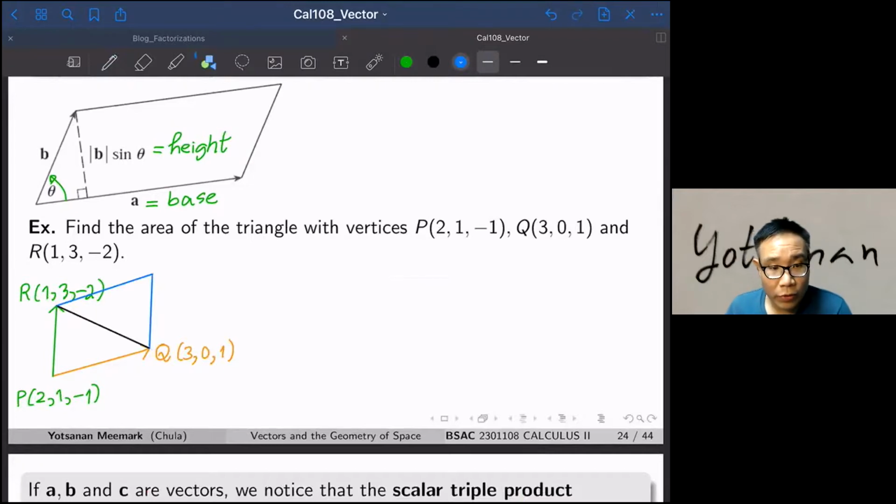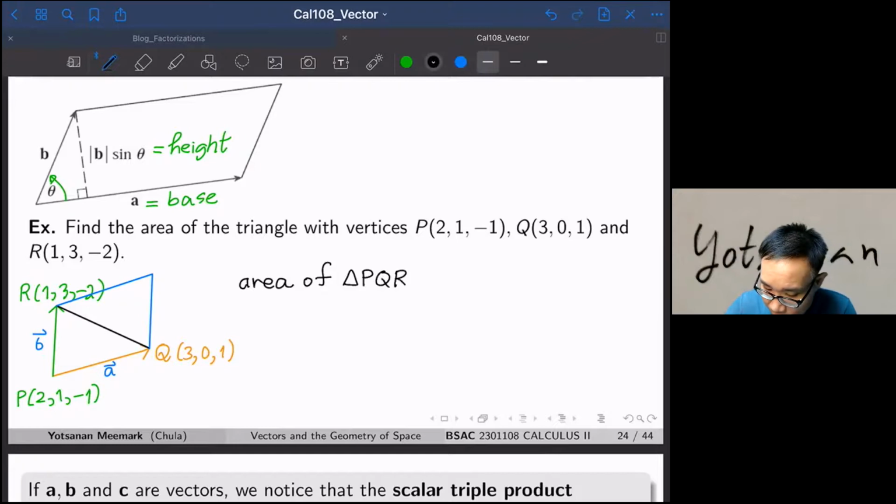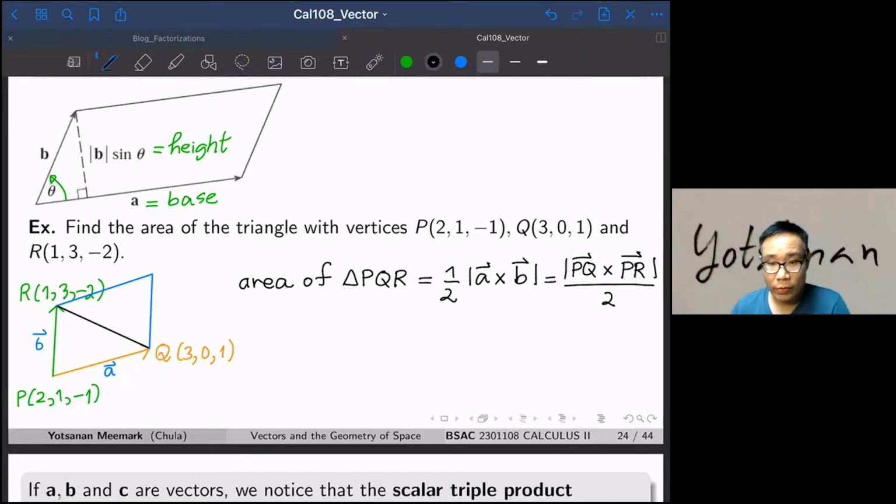You see that you have vector A and vector B. So the area of the triangle PQR turns out to be half of A cross B. And A turns out to be PQ, and B turns out to be the vector PR. So this will be PQ cross PR.